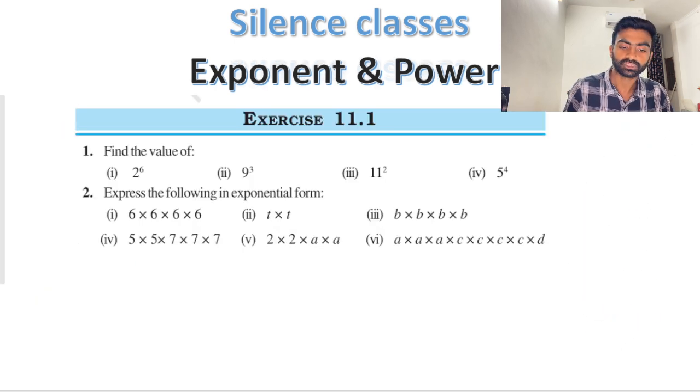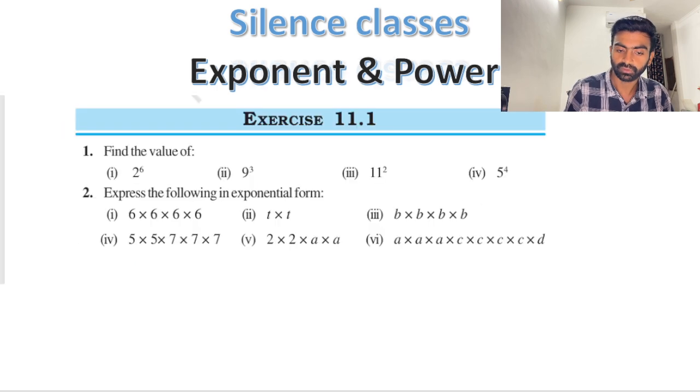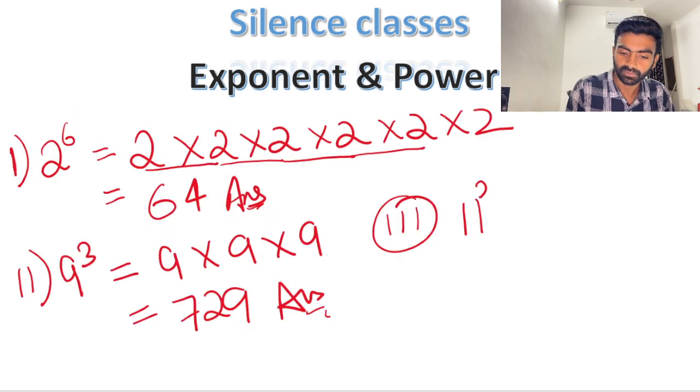Now what is question number 3 saying? 11 to the power 2. 11 is the base, to the power 2, means we have to write 11 how many times? Very good, 2 times. 11 multiplied by 11, and 11 multiplied by 11 is 121.